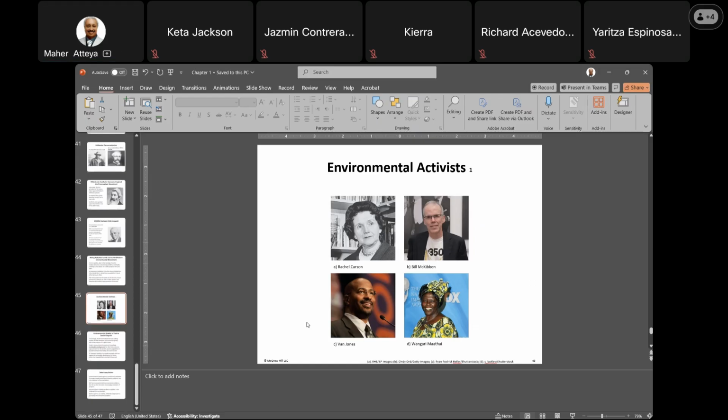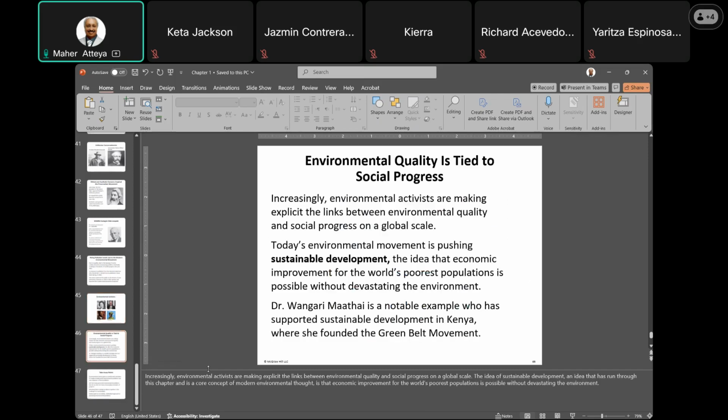Those are four people from all over the world, from Africa, from Great Britain, from the United States. They really worked very hard in that area.